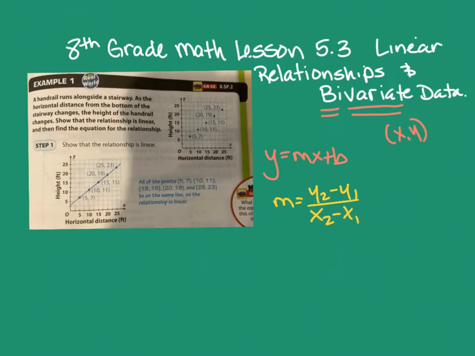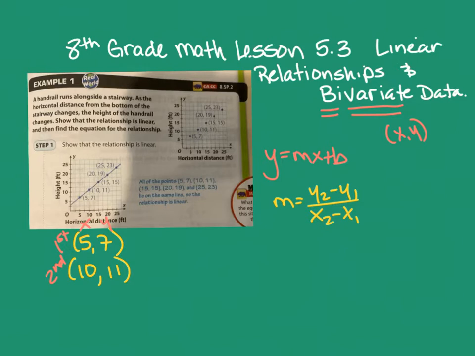I'm going to choose 2 points. I'm going to choose my lowest 2 points right here. The 5 on the x, 7 on the y, and the 10 on the x, and 11 on the y. These are my x's, these are my y's, this is my first choice, this is my second choice. So that would be y2, y1, x of my second choice here, x of my first choice there, x2, x1. I'm just going to plug in those numbers now.